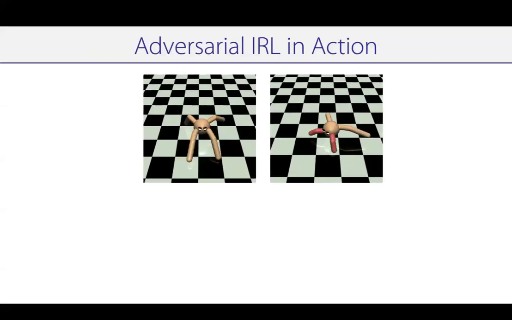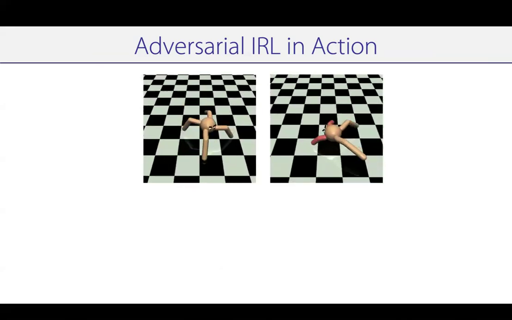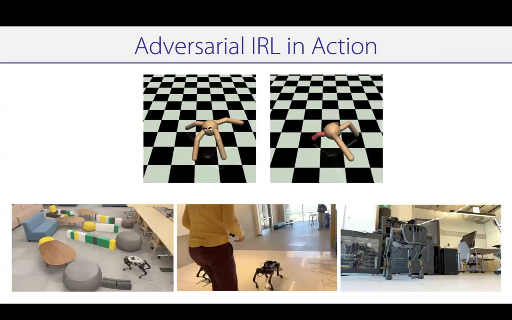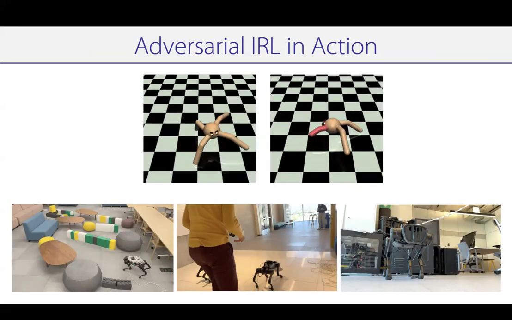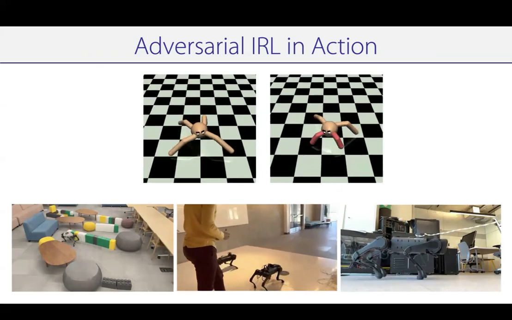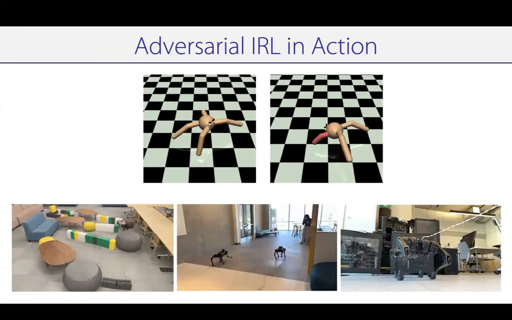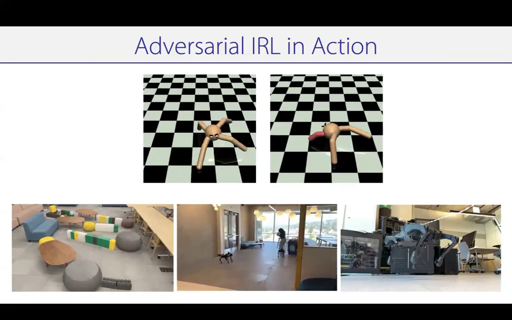Does it kind of work? Yes, right? Otherwise they would have a field about it. And it also seems to work on robots. So this is some work from Alejandro. They do walking around. They call it adversarial motion priors.